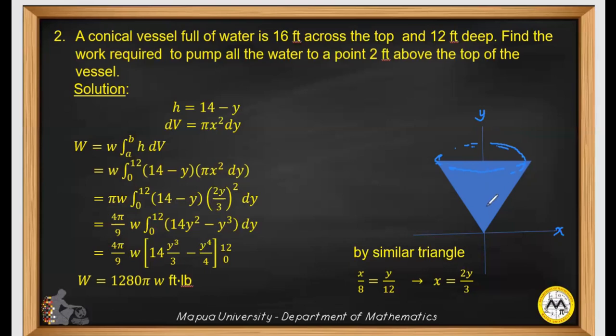Of course, the y-axis is the vertical line here, and the center of the conical tank is on the y-axis. Now, the conical vessel is 16 feet across.